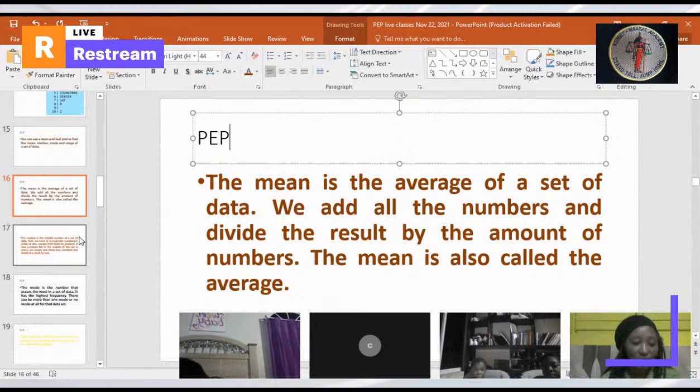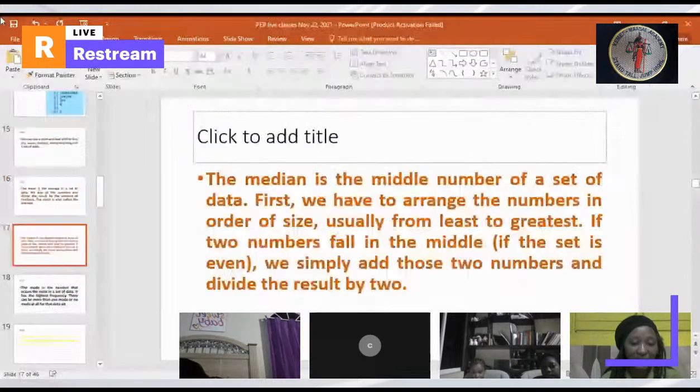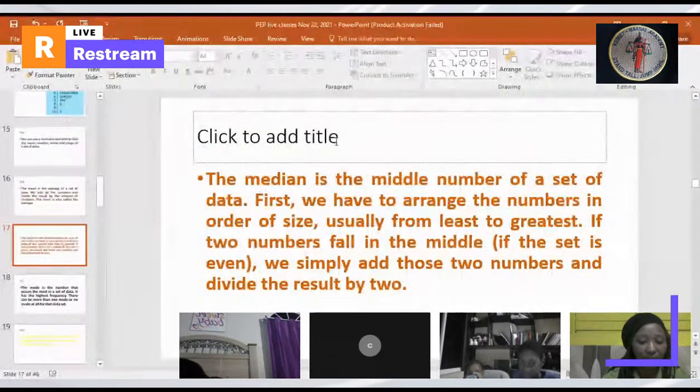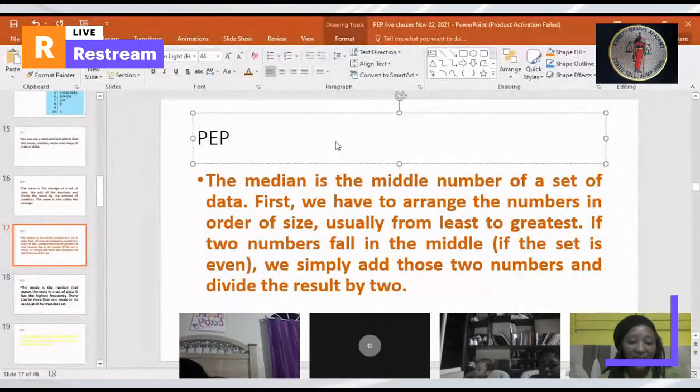So now let's look at the median. The middle number of a set of data. First we have to arrange the numbers in order of size, usually from least to greatest. If 2 numbers fall in the middle, which is if the set is an even set, we simply add those 2 numbers and divide the result by 2.